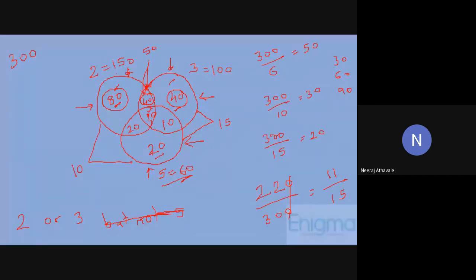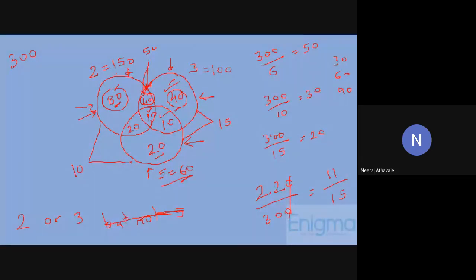So basically, for 2 and 3, what do you have to do? This whole circle is 150, and outside of this circle, how many are in 3? This is 40 and this is 10. So therefore the addition would be 200. I hope you remember this and don't make mistakes in the actual exam.